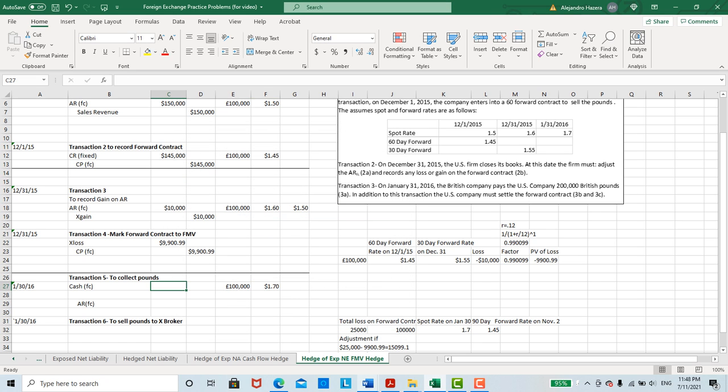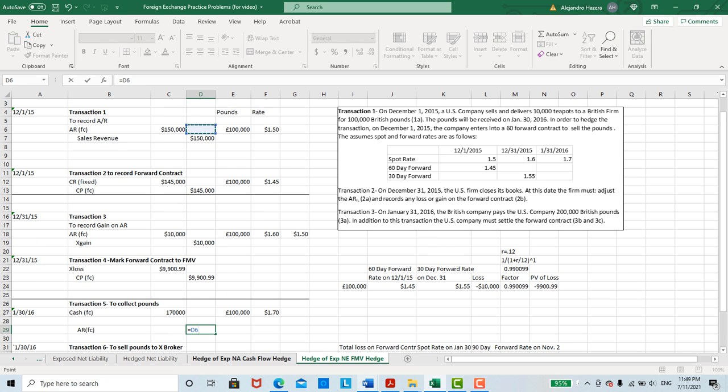So the cash, the pounds that we get, are equal to 100,000 times the spot rate at the end of January of $1.70. For the accounts receivable we give up, the easiest way to do this is just to add up the balance of the receivable account, which is 150 plus this 10 right here, 160. So we are going to have an exchange gain of 10 there.